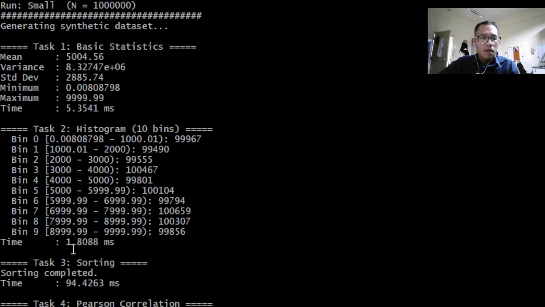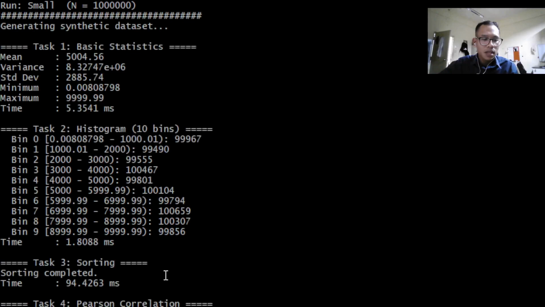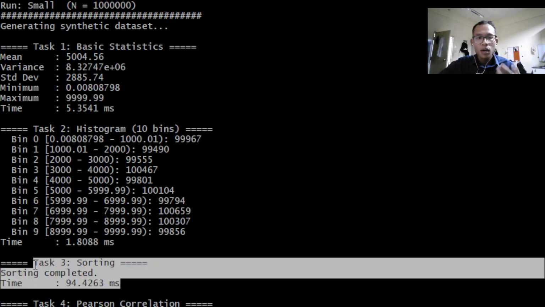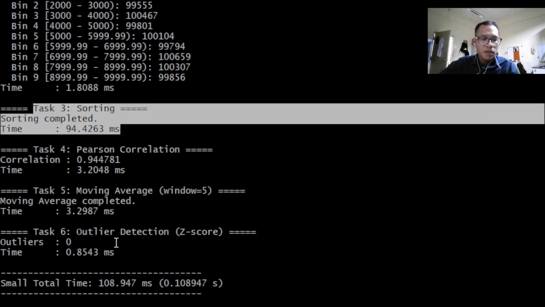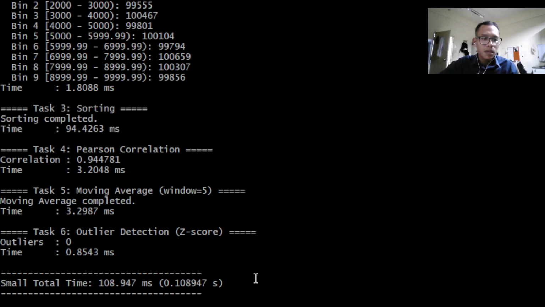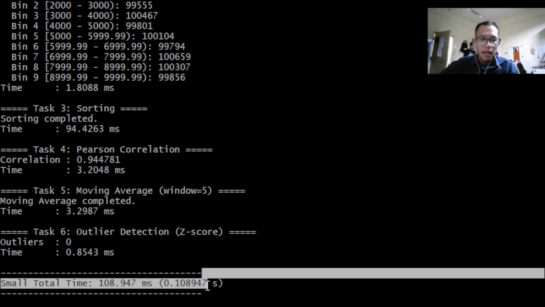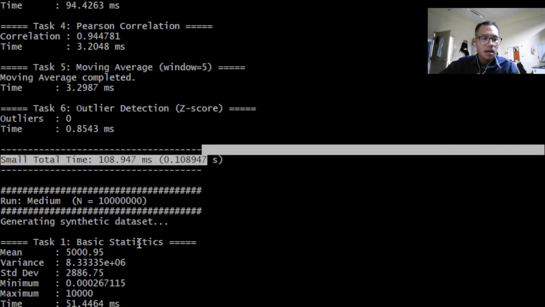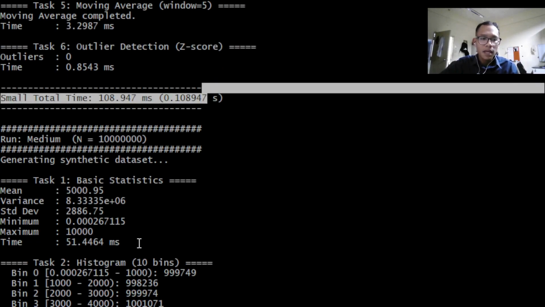Out of all the tasks performed on small size data, sorting is the longest task performed by the sequential processing. The total time for the small size data is 108.9 milliseconds.